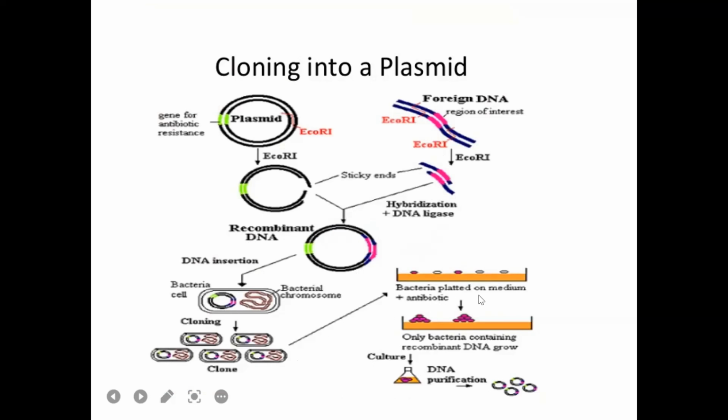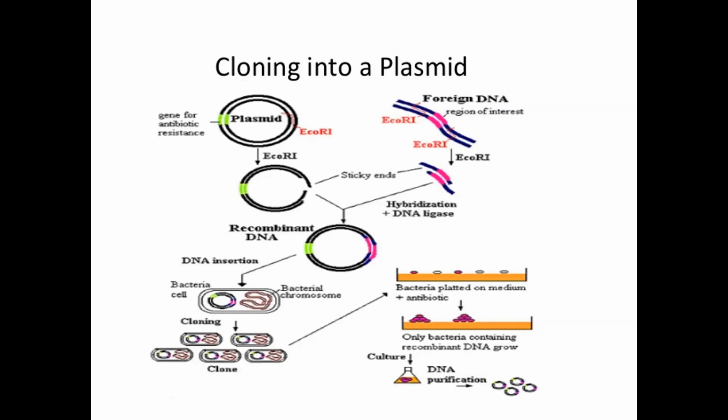After that, the bacteria are plated on a medium plus antibiotic. Antibiotics are added. When you put the antibiotic, it will kill the bacteria. So the bacterial cells which don't have rDNA, that is recombinant DNA, will be killed, because those are the normal bacteria which will be killed by the antibiotic.